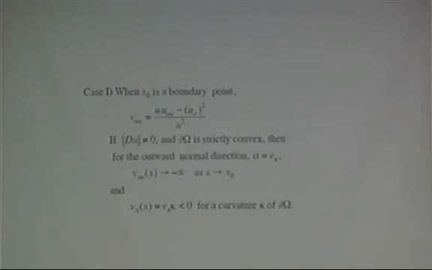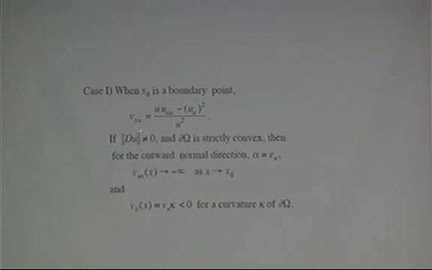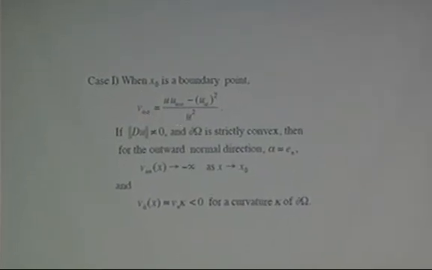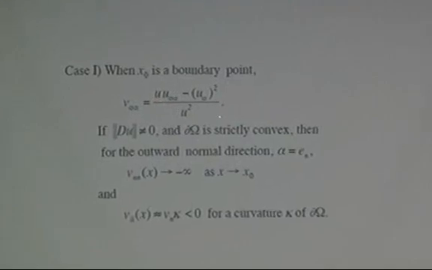Okay. So then, that point could be a boundary point or an interior point. And the boundary point is relatively easy. So if you take a second differential, then you can write it down in this form in terms of u. And let's say your gradient of u is not 0 and the boundary is strictly convex. Then you can show this value is actually negative. Okay, so there are two possible choices.